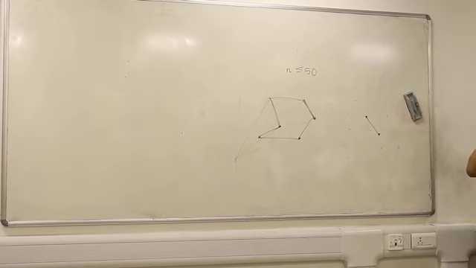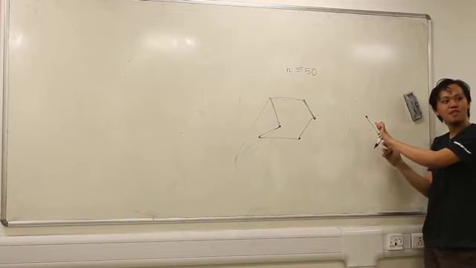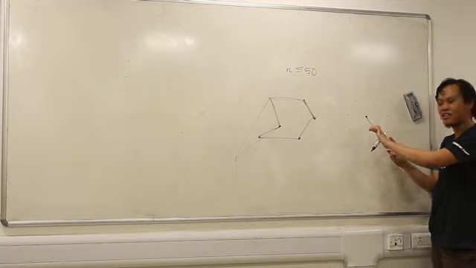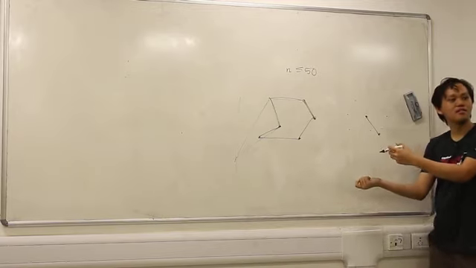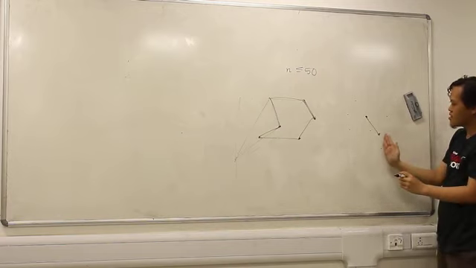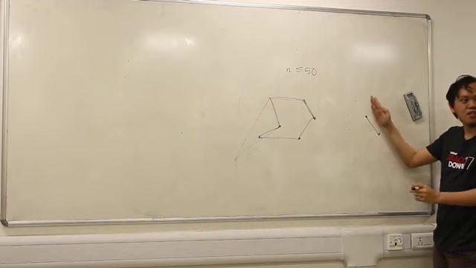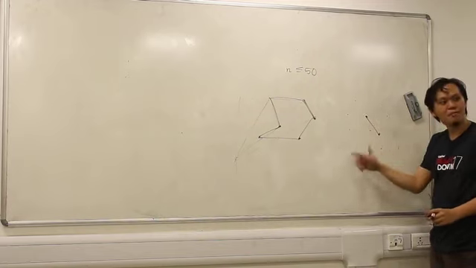In the shoelace formula, the contribution of this edge, assuming it belongs to the polygon, is the area of this triangle. But it also depends on the orientation. If you do the traversal this way, in counterclockwise order, the contribution will be positive.